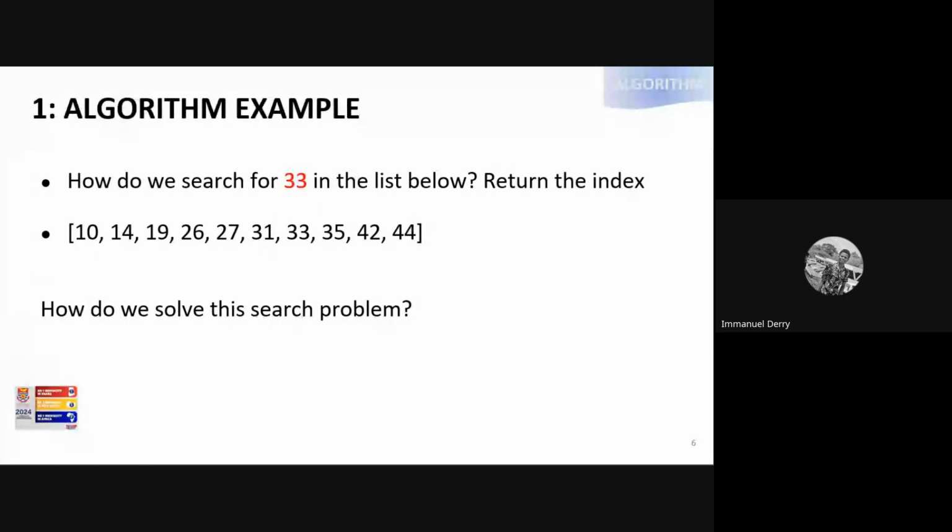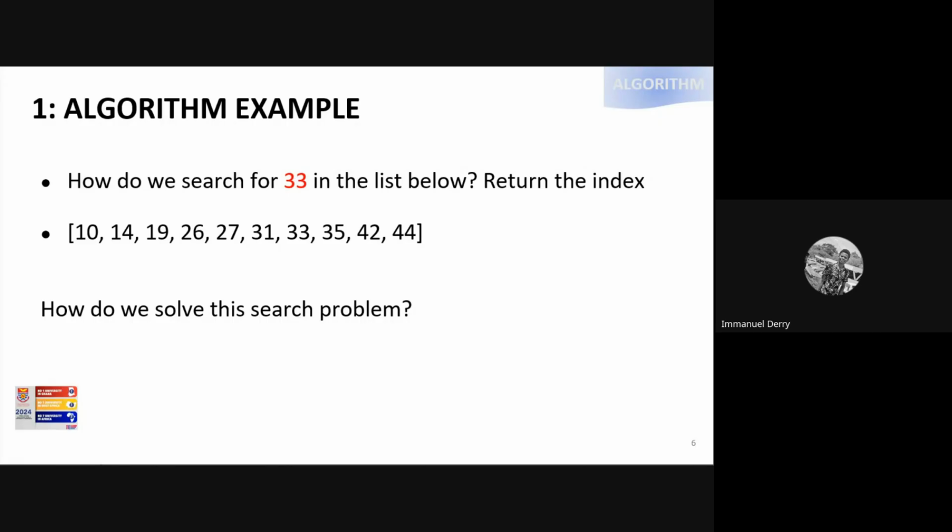So Clifford said that we compare the values within the list, and in each of them we compare to see if the value that we are looking for is in it, which is 33. And then Richard also said that you have to look through the list, taking note of their indexes at every point.